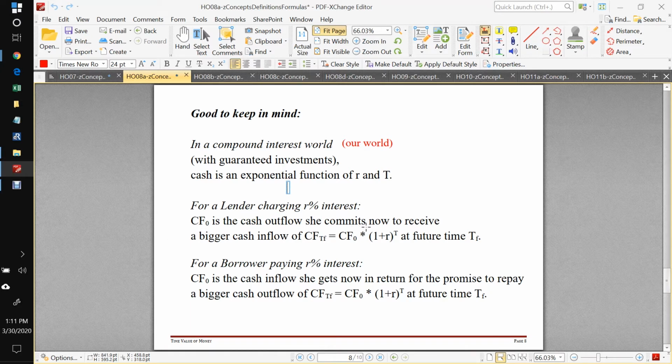She commits now to receive hopefully a bigger amount of cash back at the future time TF. For a borrower who's paying R% interest, cash flow 0 is the pile of cash that she gets now in return for her promise to repay a bigger cash flow at some time TF in the future.